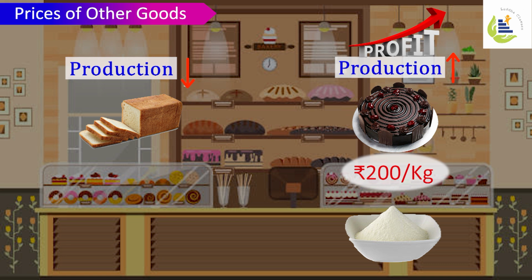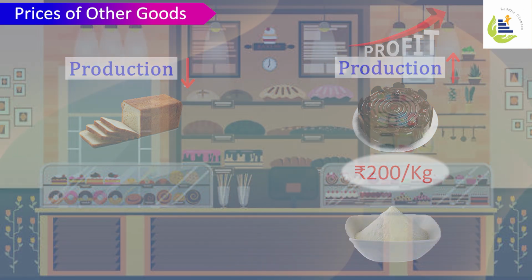So due to the increase in the price of the first commodity, let's say cake, there is an increase in the supply of cake because the factors of production have shifted towards a higher quantity of cake. Automatically the production of bread has gone down. So the relative prices of other goods affect the supply of goods.